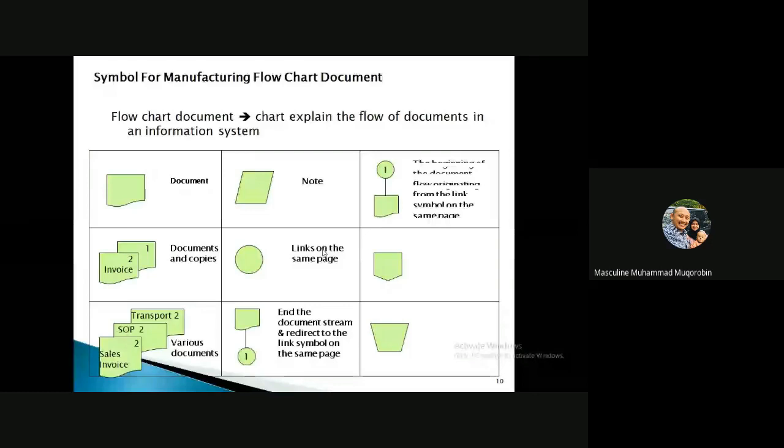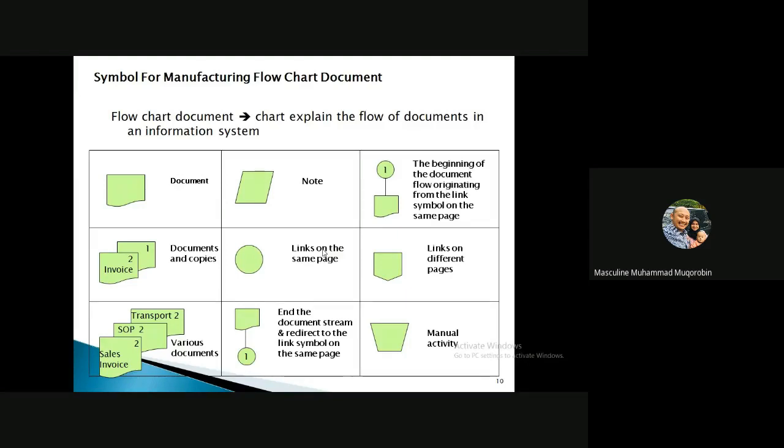Symbol for manufacturing flowchart document. Flowchart document means the chart that explains the flow of the document in an information system. We can see the picture there.